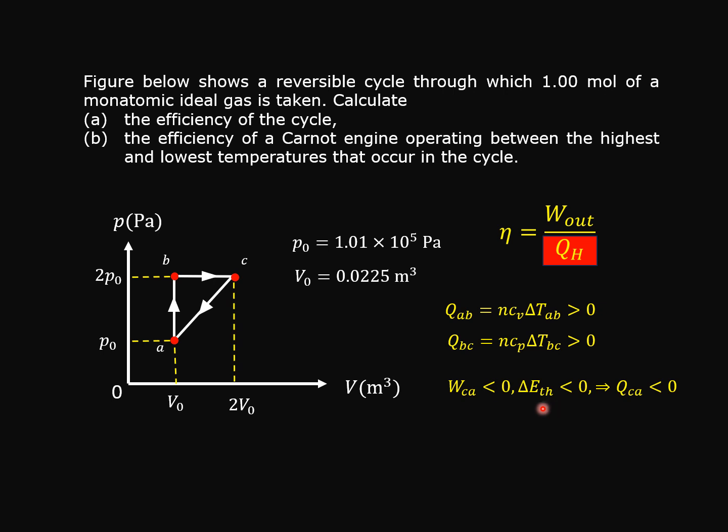So based on the first law of thermodynamics, work done negative, internal energy negative, that means the heat is transferred from the gas when the process goes from C to A. So the gas is losing heat. So QCA should be a negative value.